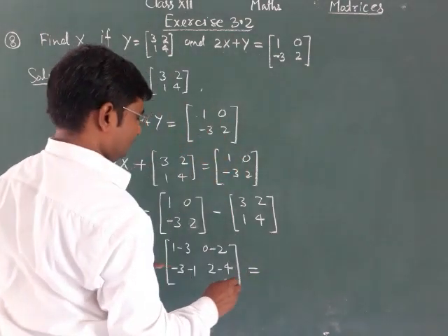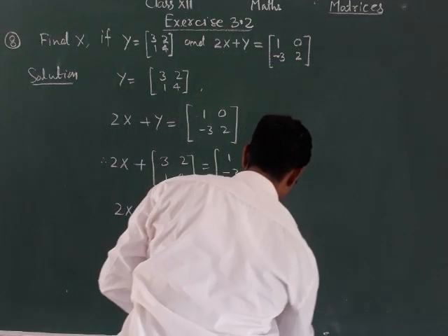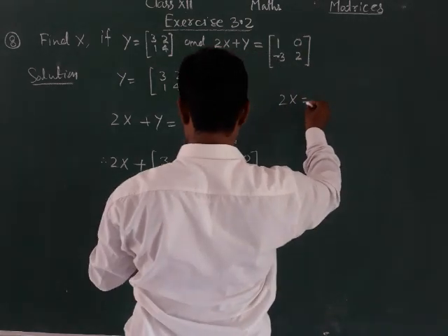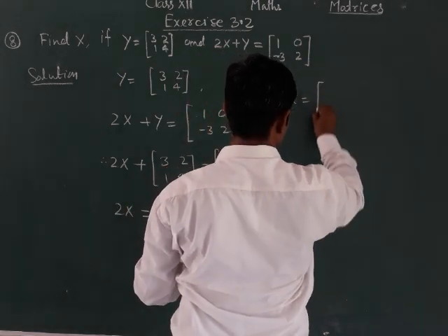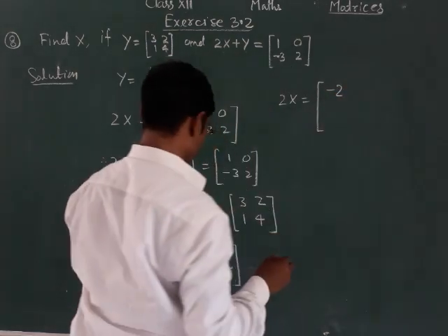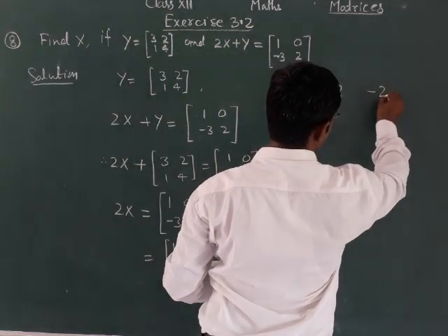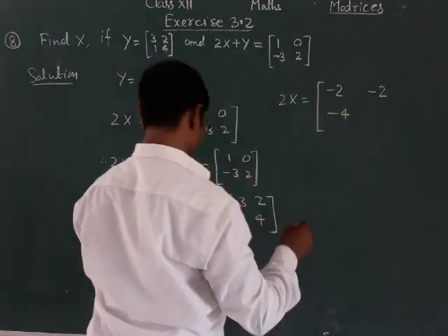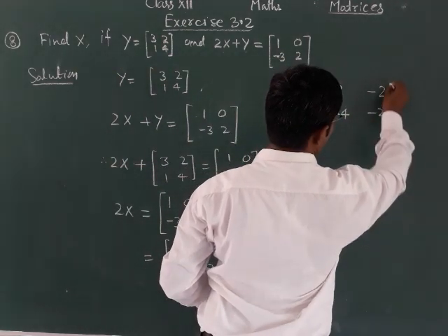So 2x is equal to the matrix [-2, -2; -4, -2].